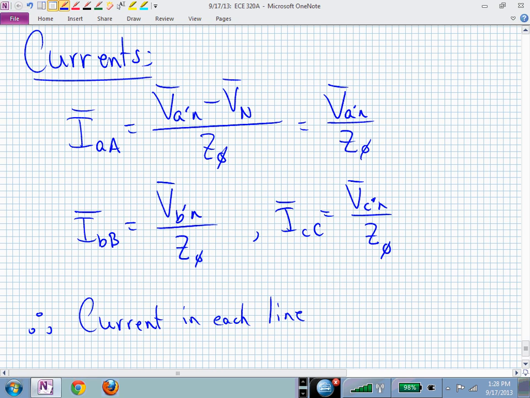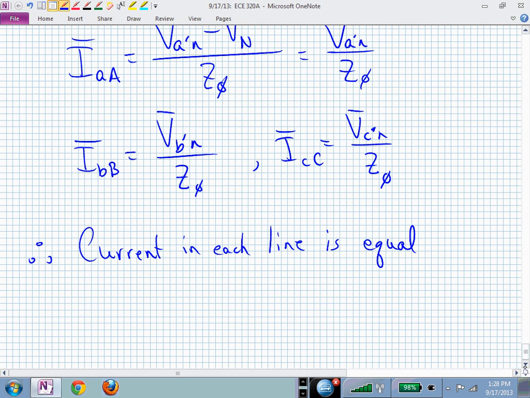Meaning the current in each transmission line, which I'm just abbreviating to be line, the current in each line is now equal in amplitude, and if we remember, we're in sinusoidal steady state, so it's the same frequency throughout, probably 60 hertz in the US.